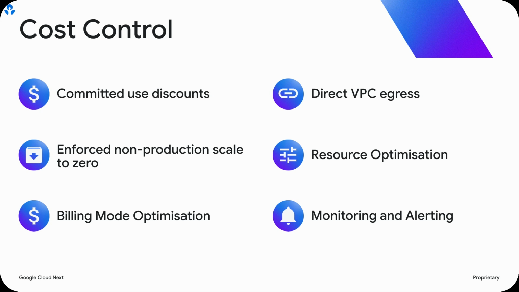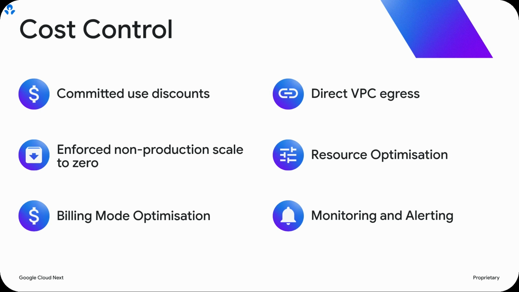Then we had billing mode optimization. So we provide recommendations to our customers on whether it's cheaper for them to have instance-based billing or request-based billing, and they can swap between the two. Then we took up the direct VPC egress, which eliminated the cost of having a serverless VPC access connector proxy running, and it increased the throughput of our Cloud Run applications as well.